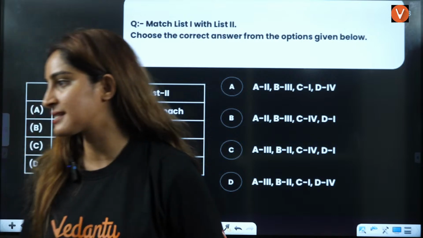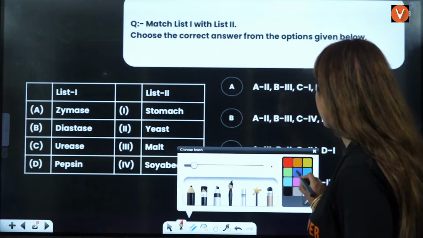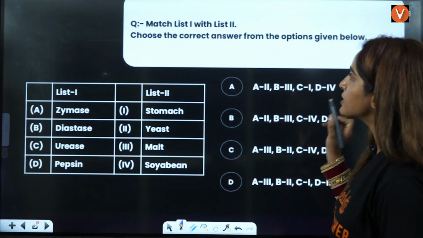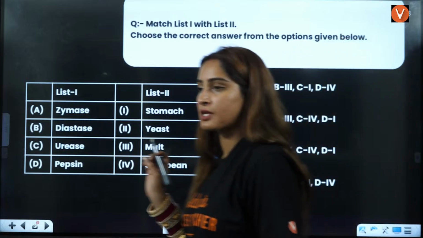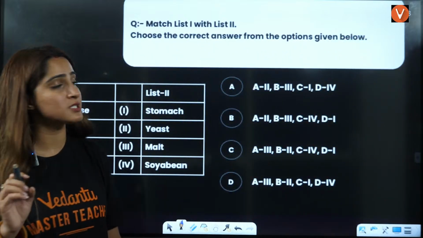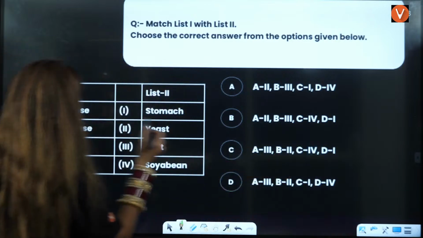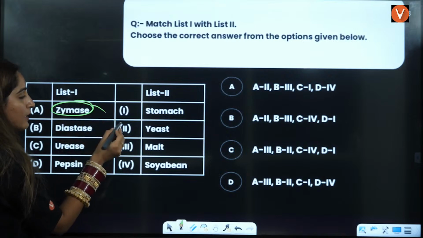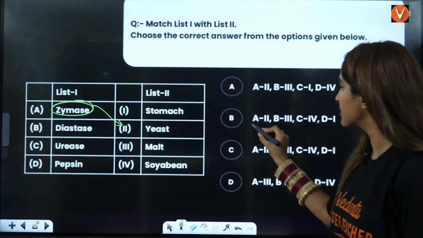Okay, so let us see this question here: match List 1 with List 2. Choose the correct answer from the options given below. If you see this here, then zymase is going to be yeast, so the zymase enzyme goes with yeast. So the answer is A2.